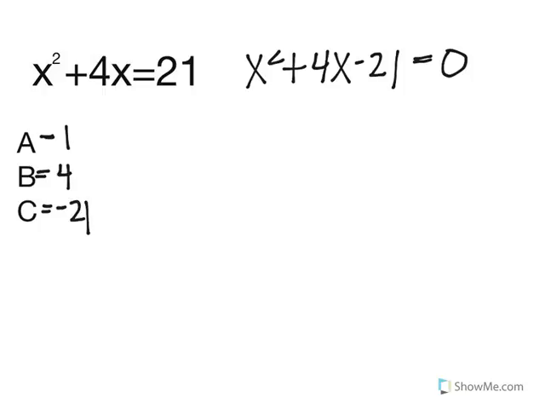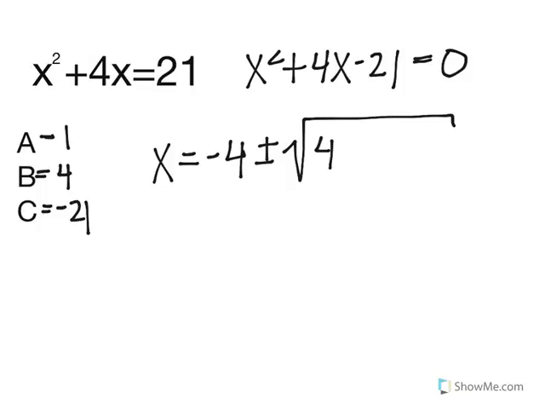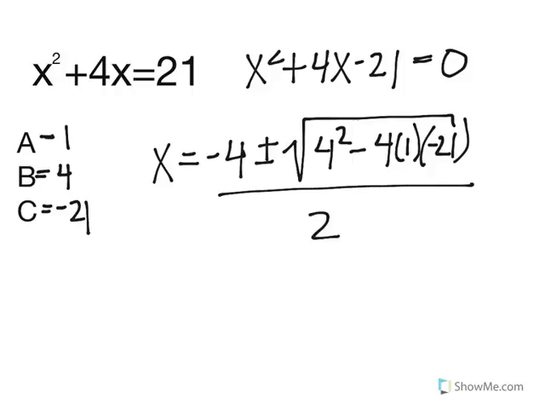Now you plug the values into the quadratic equation. So x equals negative 4, plus or minus the square root of 4 squared minus 4 times 1 times negative 21, all over 2 times 1.